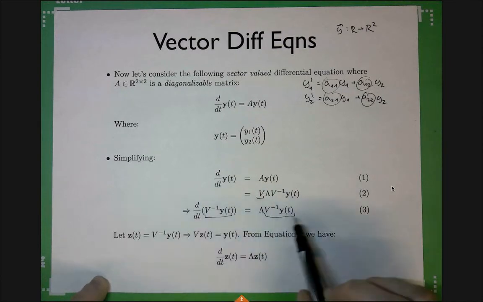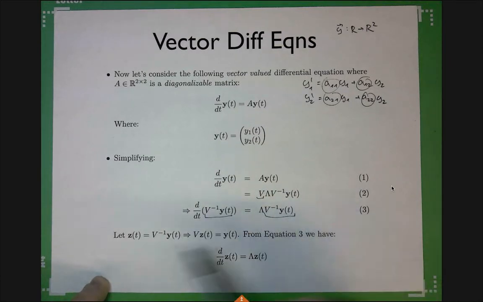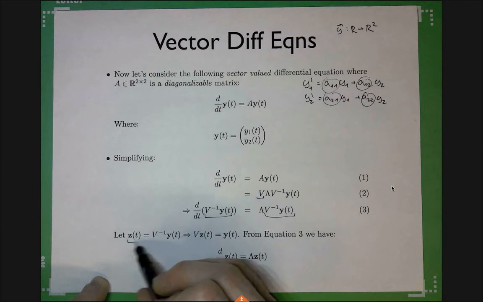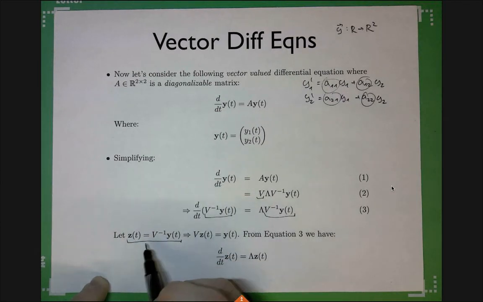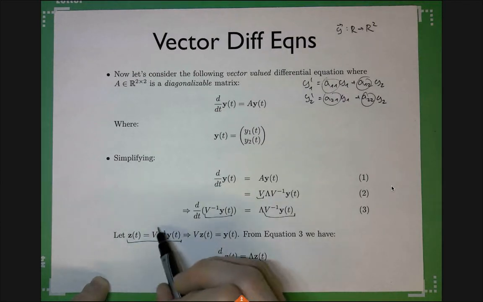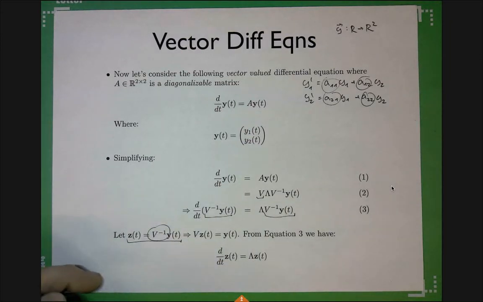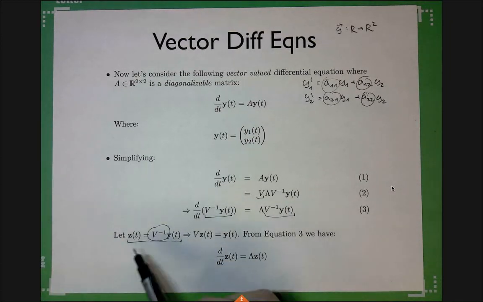So how do we solve this? Well, now we have this form, and it's begging for a substitution. So we say that V inverse y is z, and because V inverse is constant, we can do that.